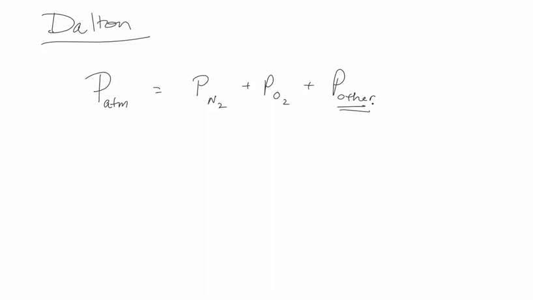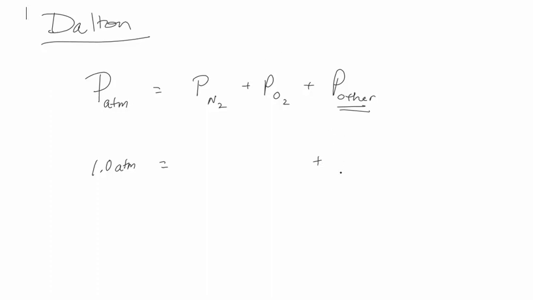So we have 1.0 atmosphere at sea level. And the other is going to be like carbon dioxide, argon, neon, methane. Sometimes if you live in a rural area, you might have more methane, helium, krypton, etc. All of our minor gases actually have a partial pressure of 0.01 atmospheres.